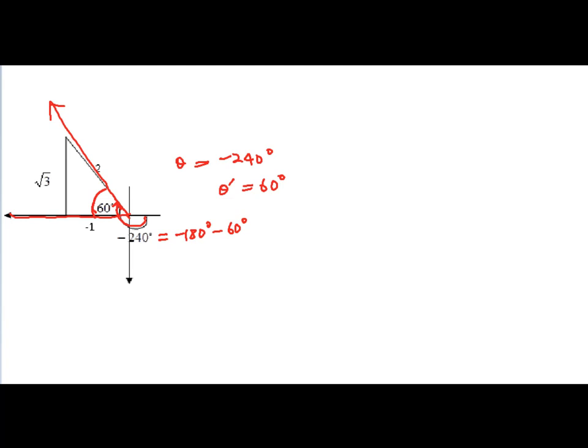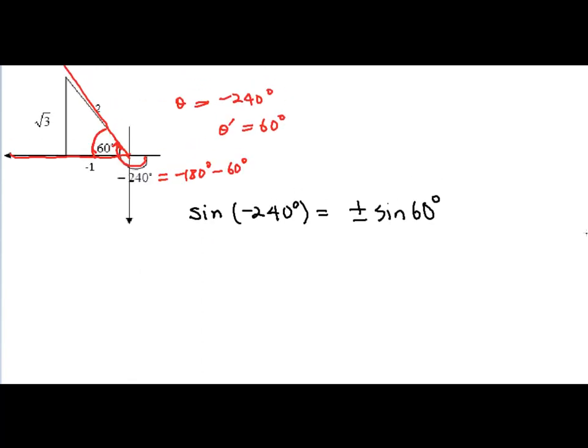Now, how would you use this reference angle? So sine negative 240 degrees is equal to plus or minus sine of the reference angle 60. But negative 240 is in quadrant 2, and sine is positive in quadrant 2, so I will drop the negative sign.